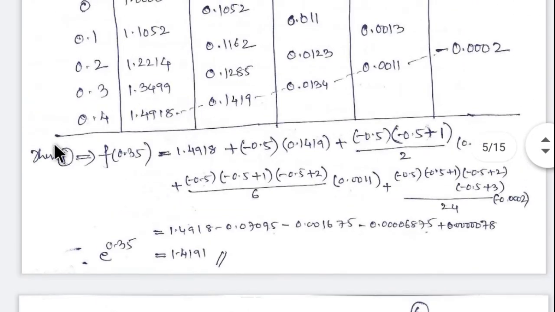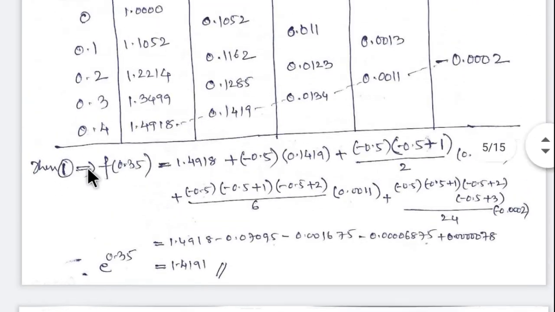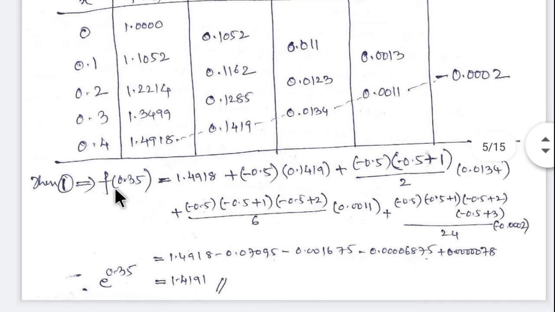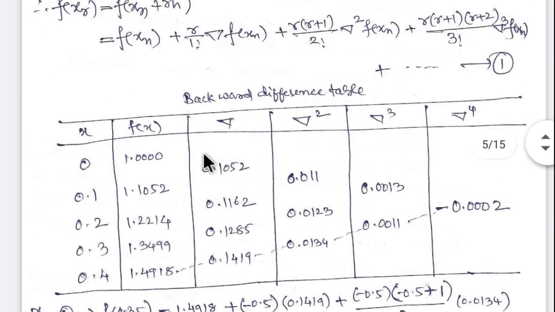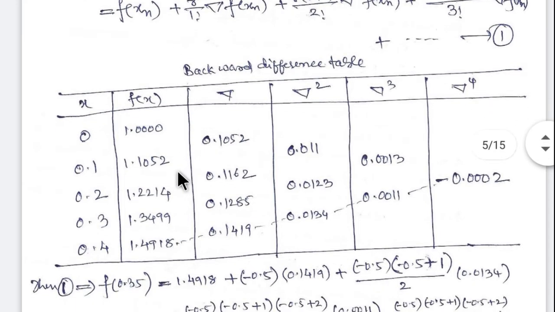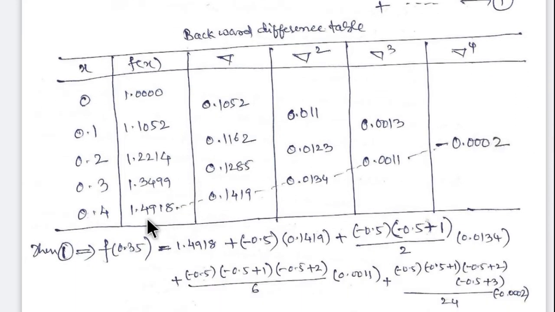Then the above interpolation formula: substitute the x value, f of 0.35. You see that f of xn is at the end of the table, which I have shown by a dotted line here. For this you have to take the backward difference.